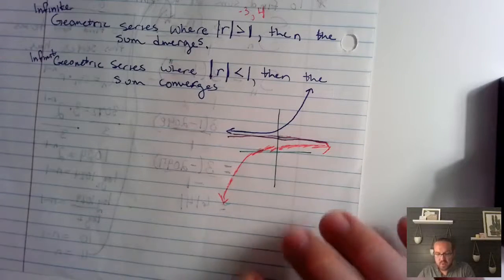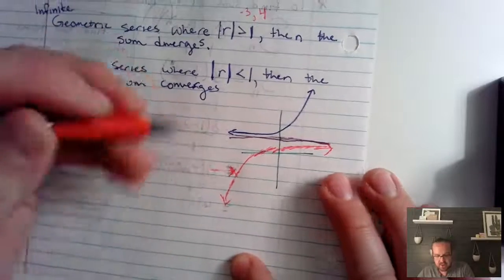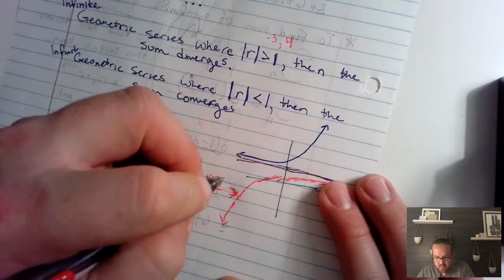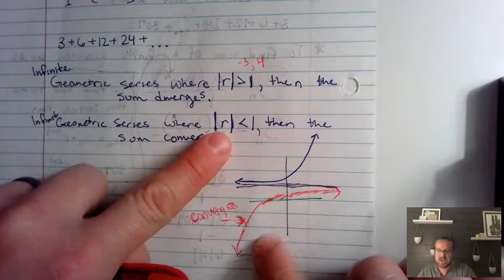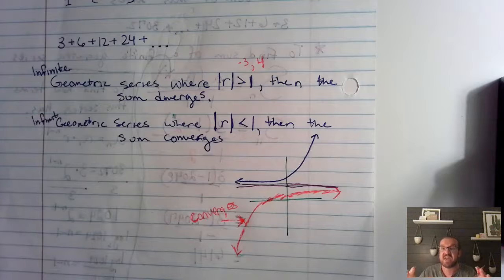This one is what we call converges, where it's getting closer and closer. Think about that. That's like a decay.